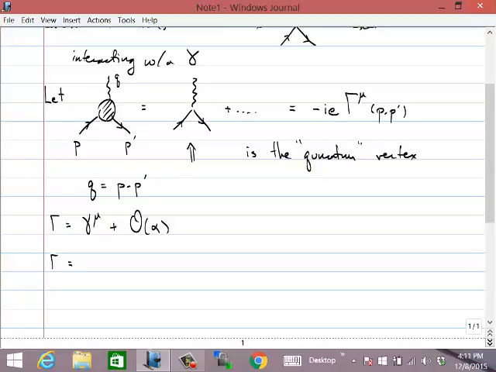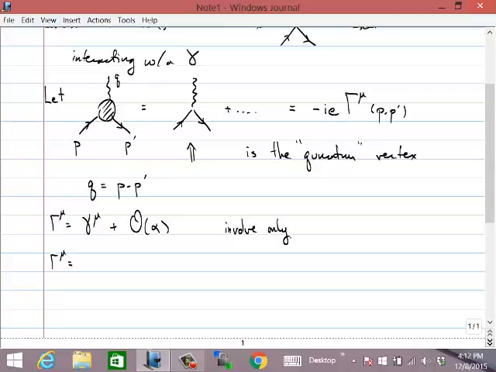So in particular, what do we know? We know that this matrix gamma, so I should really put an index there. Well, what is it? It's a 4-vector, but it's also a spinor matrix. It's a 4x4 spinor matrix, so it's really a set of 64 quantities because it has a 4-vector index as well as 2 spinor indices. But whatever it is, you know that it must be built out of only a certain set of quantities.